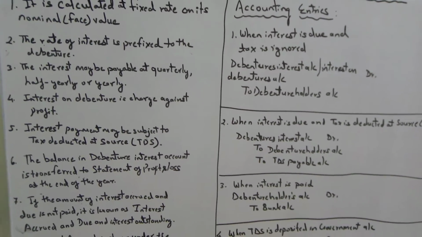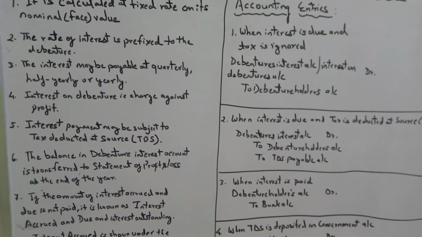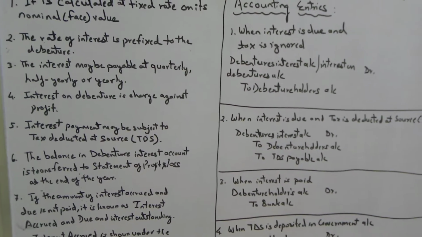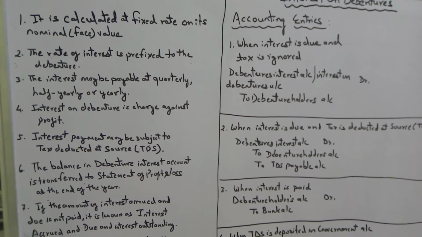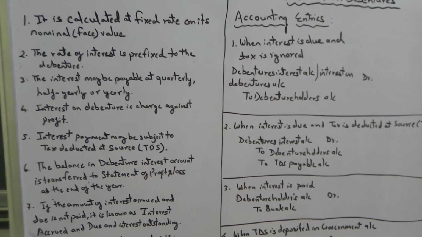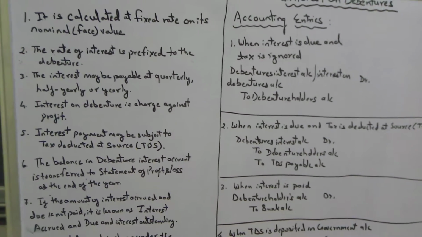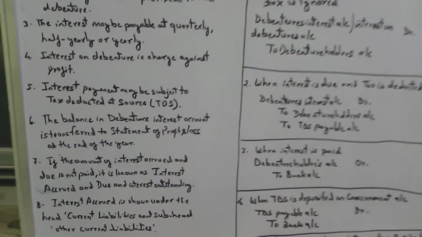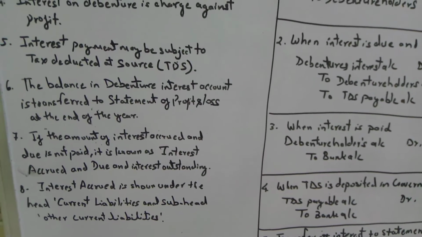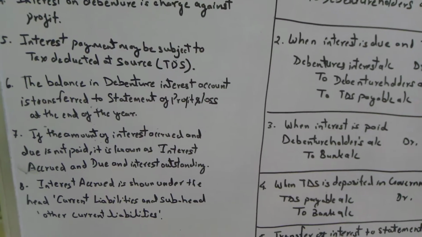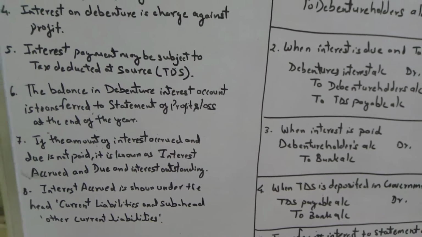Sixth point, the balance in debenture interest account is transferred to statement of profit and loss at the end of the year. The amount of interest which you have calculated on debenture, finally it is to be transferred to the statement of profit and loss account. Seventh point, if the amount of interest accrued and due is not paid, it is known as interest accrued and due or interest outstanding.